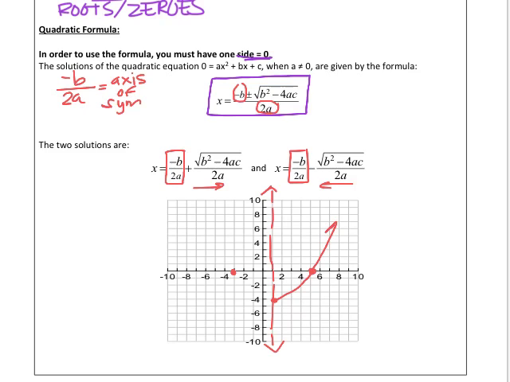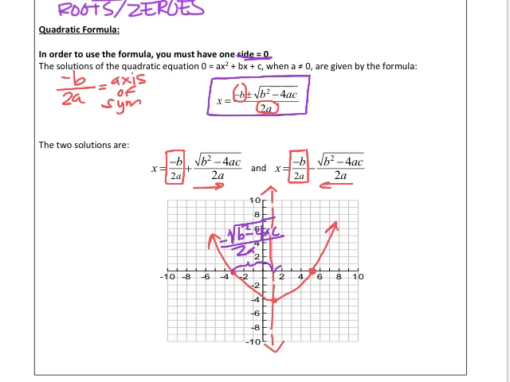So if this was our graph right here, then basically what we're saying is that the distance from where the axis of symmetry meets the x-axis and our one solution to the left, that is going to be the negative square root b squared minus 4 times a times c over 2a.